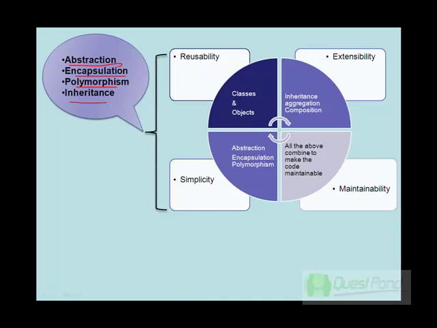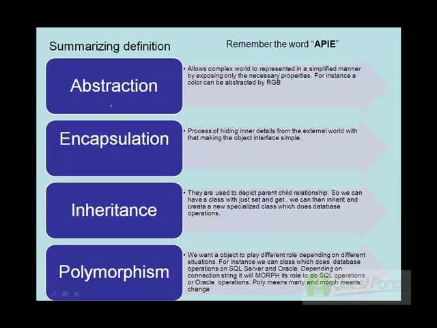In the coming videos we'll take up one property at a time and see how these properties look in source code. Before we go ahead, you can remember these four properties by the word API. A for abstraction, P for polymorphism, I for inheritance, and E for encapsulation. So let's first start with abstraction.